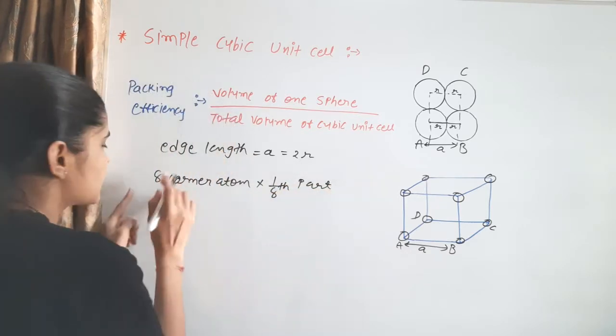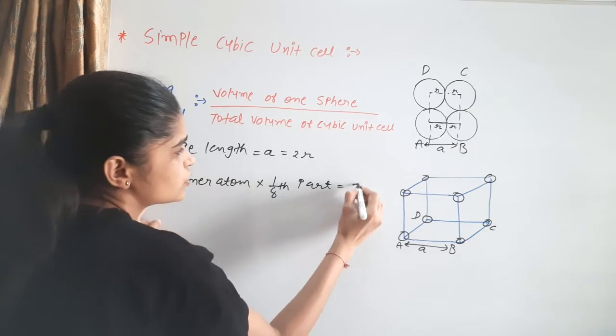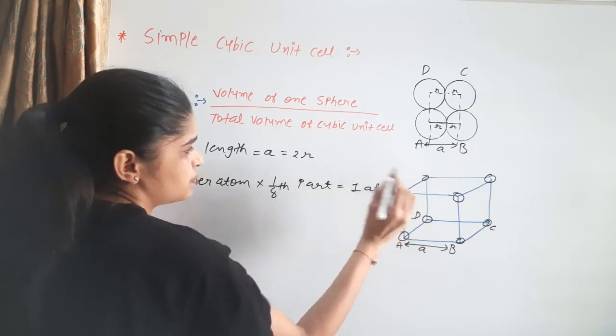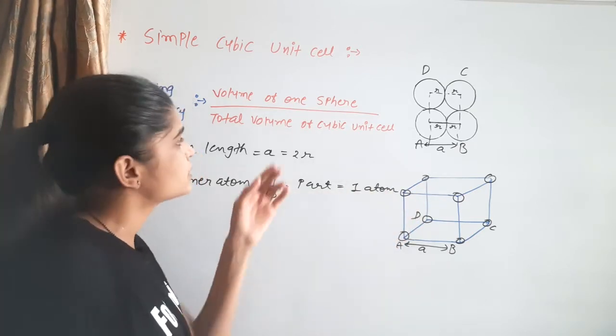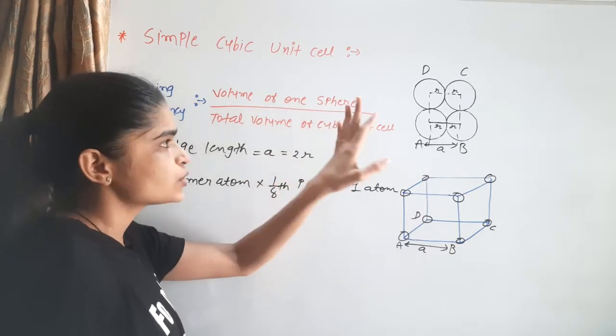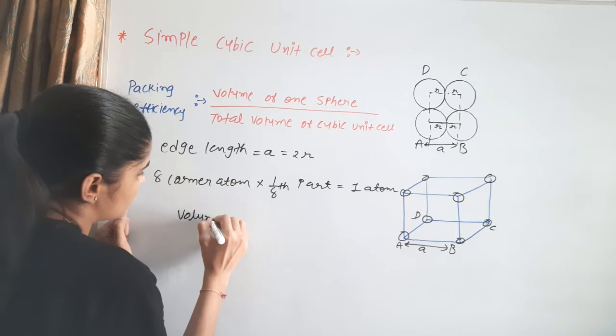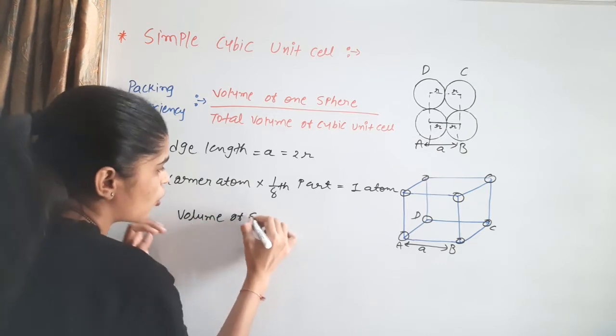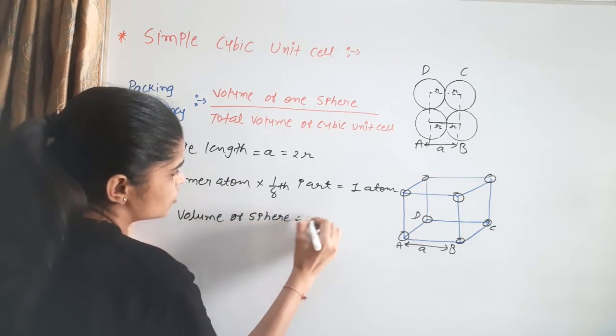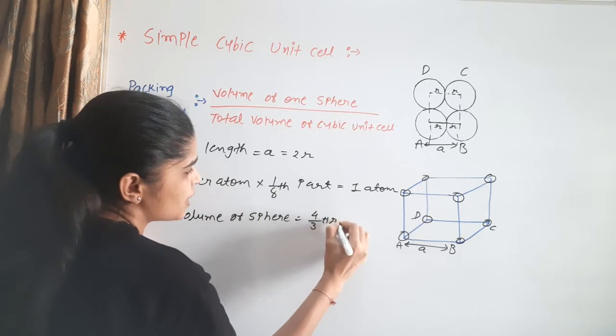So 8 corner atoms times 1/8 is equal to 1 atom. Then, how to find the volume of one sphere? The formula for the volume of a sphere is 4/3 pi r cubed.